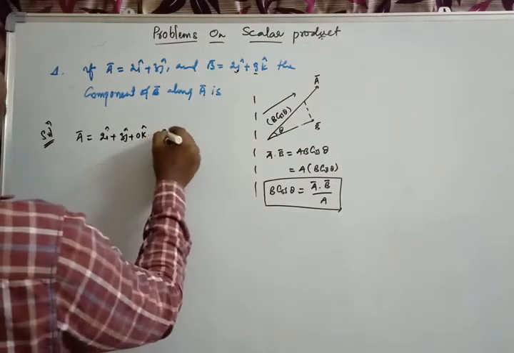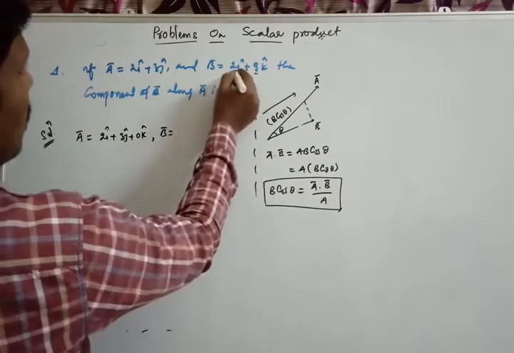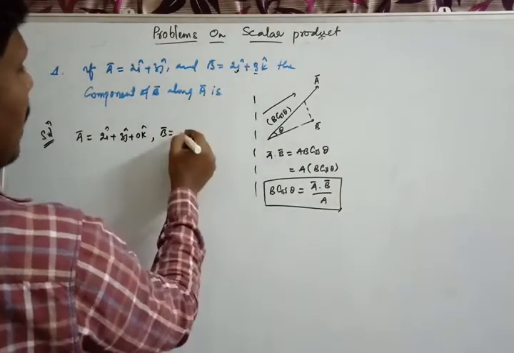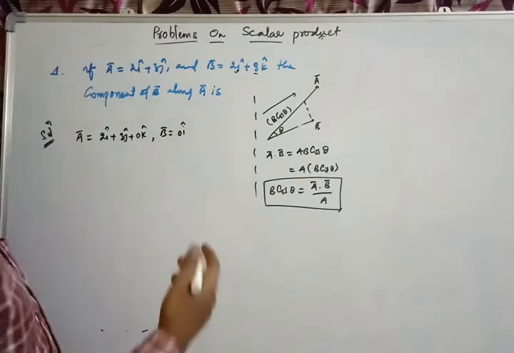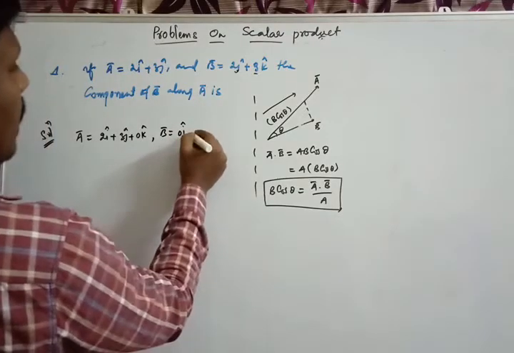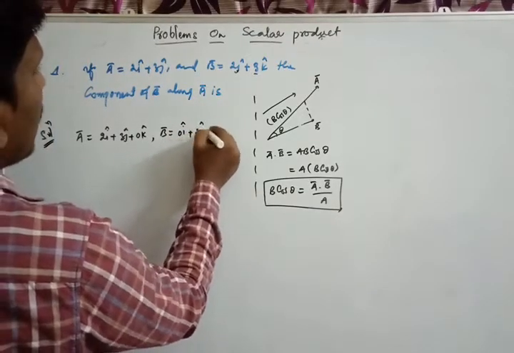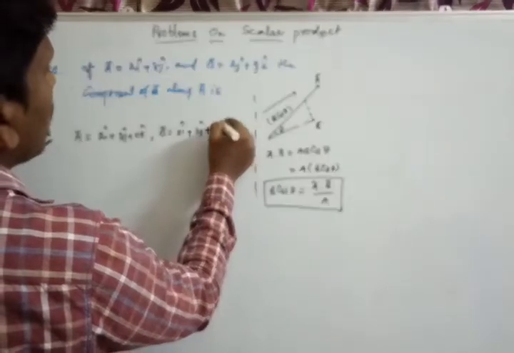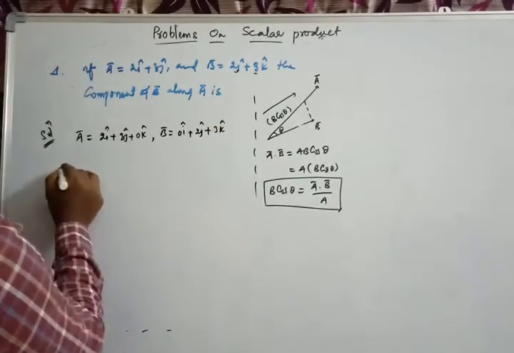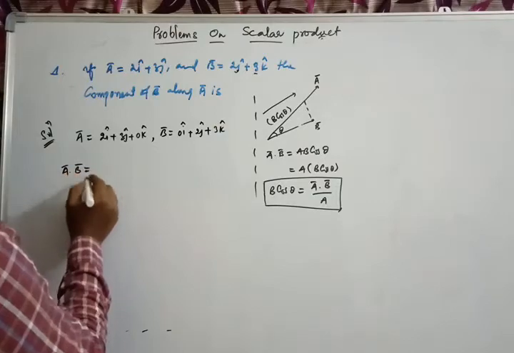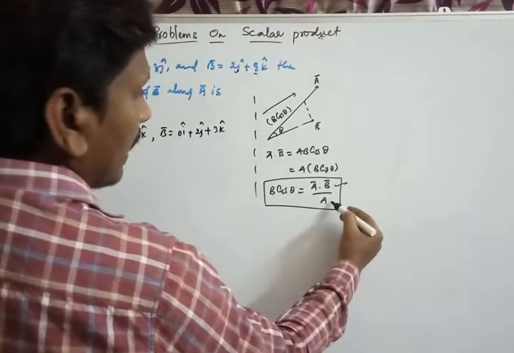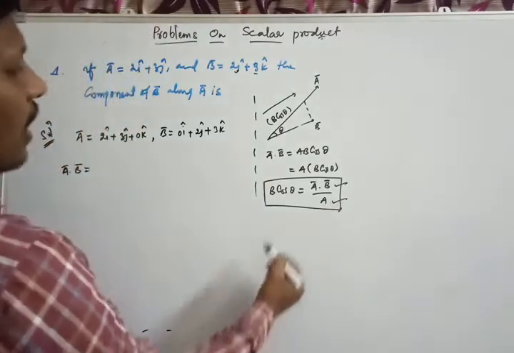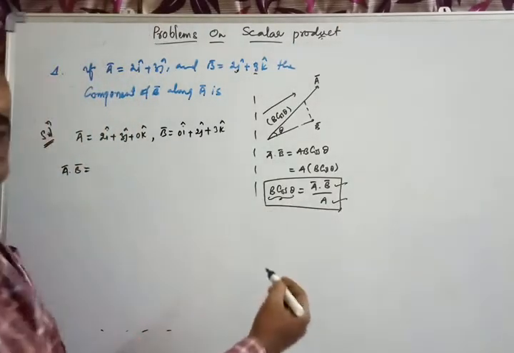Now the B bar vector is 2j cap plus 3k cap, meaning there is no magnitude along the x direction, so 0i cap plus 2j cap plus 3k cap. From that we can write A bar dot B bar is equal to what? We need to find this, and we have to find the magnitude of the A vector, then we can simply find B cos theta.